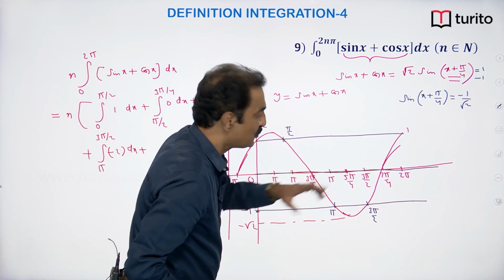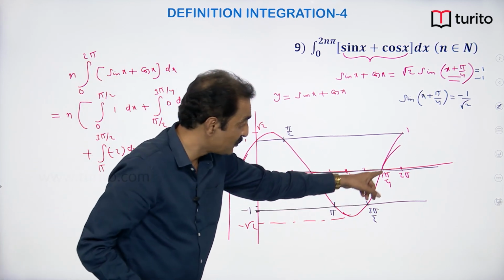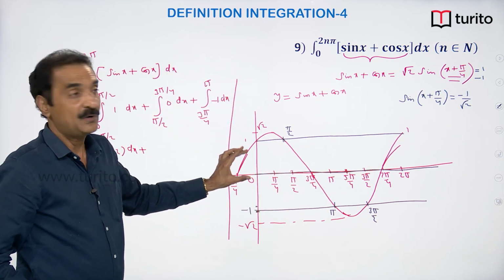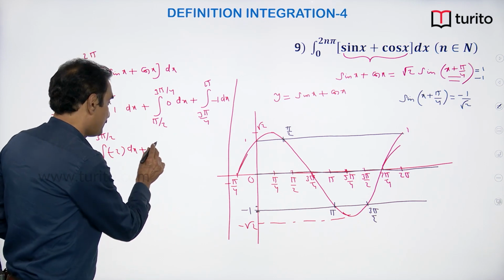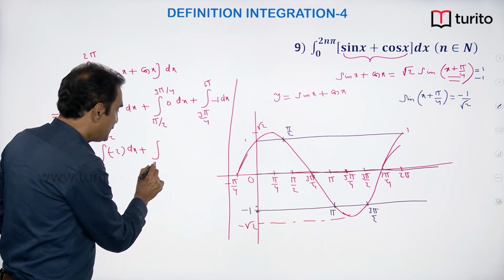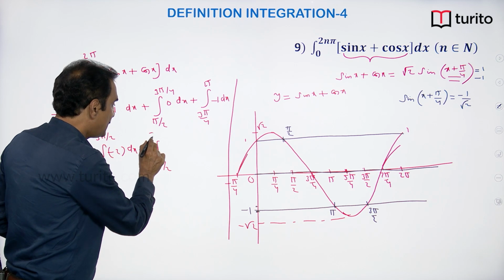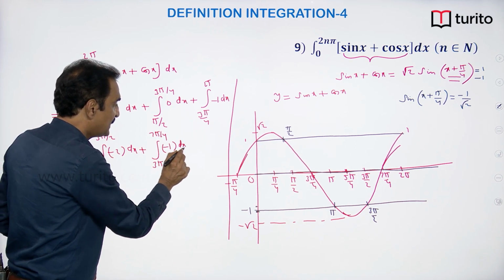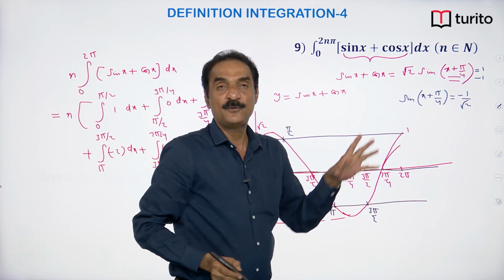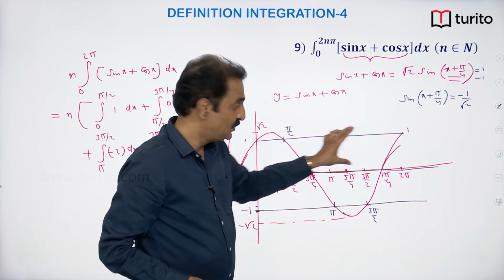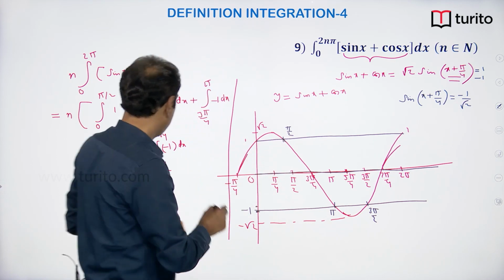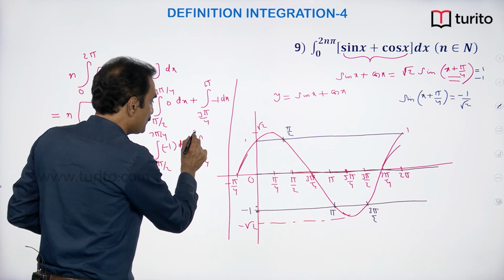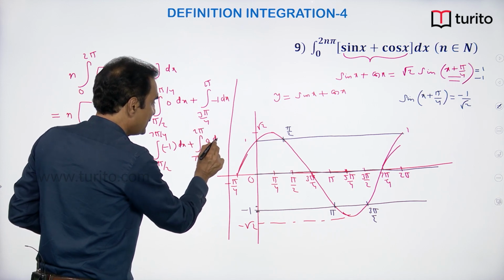From 3 pi by 2 to 7 pi by 4, again it lies between minus 1 and 0, integral part is minus 1. Next is 7 pi by 4 to 2 pi, integral part will be 0 because it lies between 0 and 1. So plus 7 pi by 4 to 2 pi, it is 0 dx.